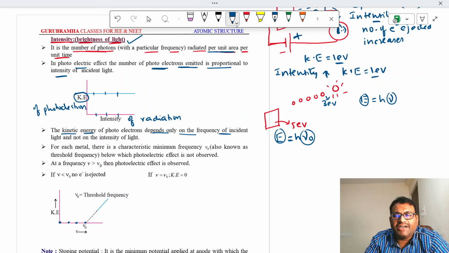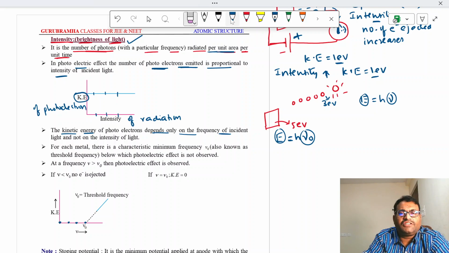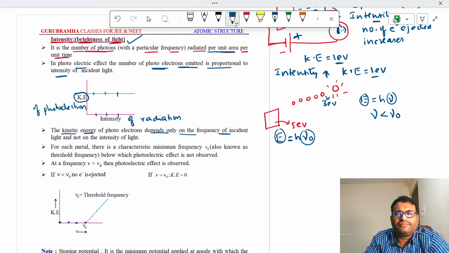In this condition, nu is less than nu naught. 3 electron volt is proportional to this frequency. If you increase the frequency, energy increases. So it is related to the frequency of incident radiation.